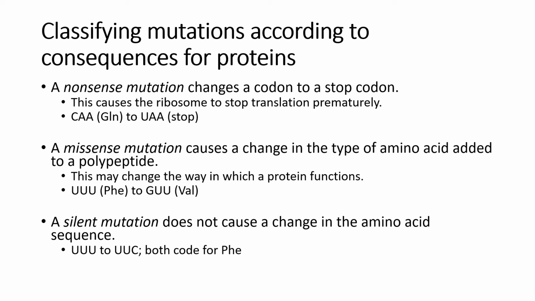All right. Now, we've just talked about the mutations in terms of how the genetic material itself is affected. But we can also classify mutations according to what the consequences are for the proteins. All right? And there are three types. A nonsense mutation changes the codon to a stop codon, and it causes the ribosome to prematurely detach from the mRNA.